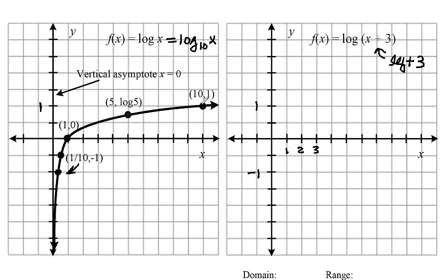So we're going to take that 10, 1, shift it to the left 3 units. So 4, 5, 6, 7. So 7, 1 right there. And then 5 and log base 5, so that's going to go to the left 1, 2, 3 units. So it's going to be 2 and then up to log 5.